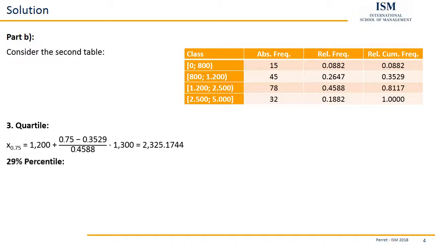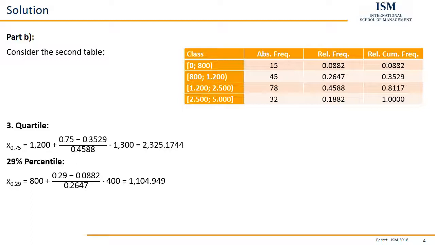And then for the next part, the 29th percentile, we start again by looking where we get an accumulated value larger than 29%. That's the second class, the class from 800 to 1200. So we have a starting value of 800 plus the 29% minus the accumulated frequency of the class before, which here is the first class, having a relative accumulated frequency of 0.0882.